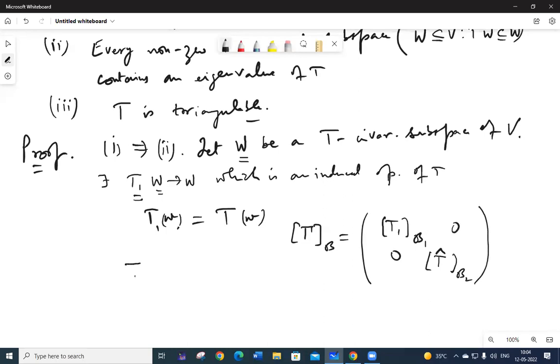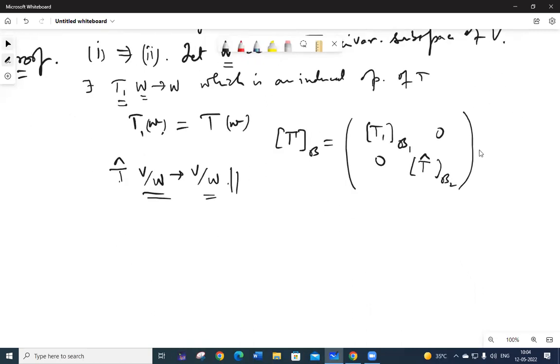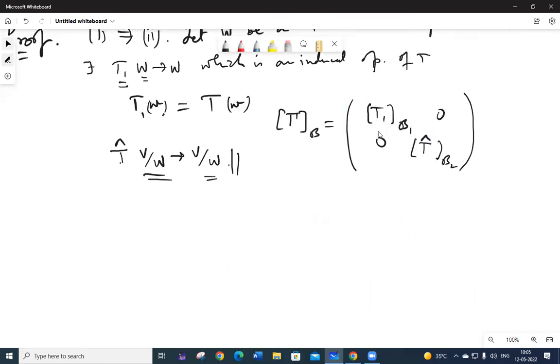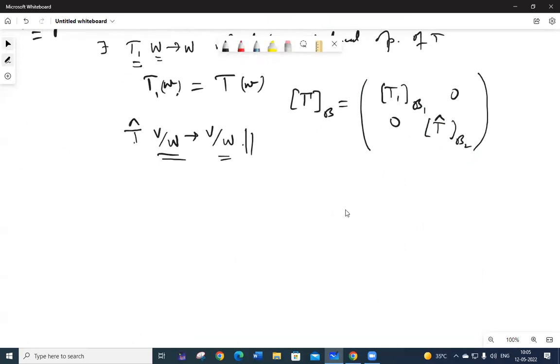T-cap is the induced operator on V quotient W, and B2 is the basis of V/W. This is a result you can look at in the basic results of vector spaces.